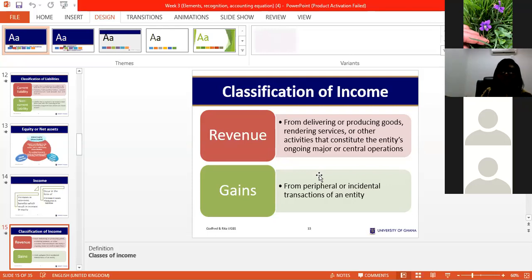Now, Coca-Cola may also be doing other things on the side, which are not part of the main operations. And that may be gains. So if Coca-Cola decides to sell its trucks, that is not part of the main core business of Coca-Cola. And that will be reported as a gain rather than revenue. Okay.